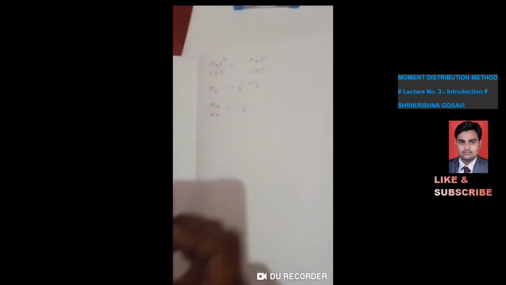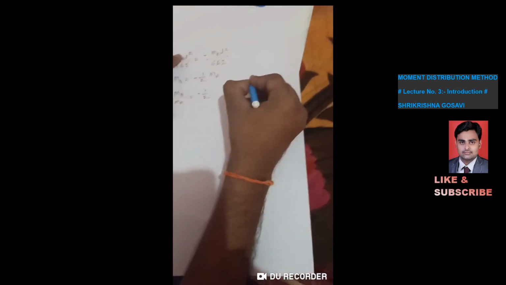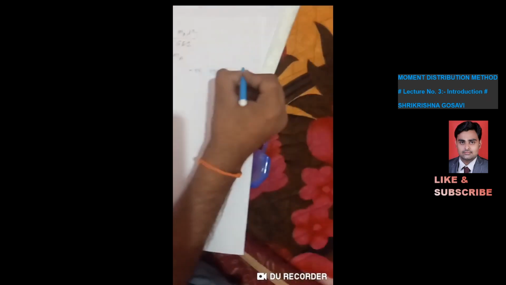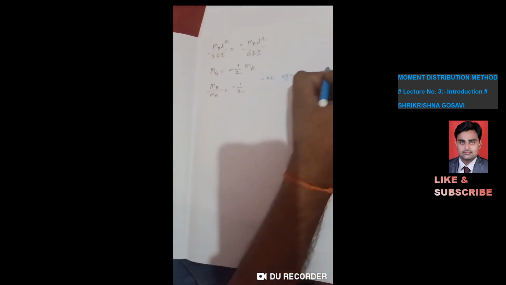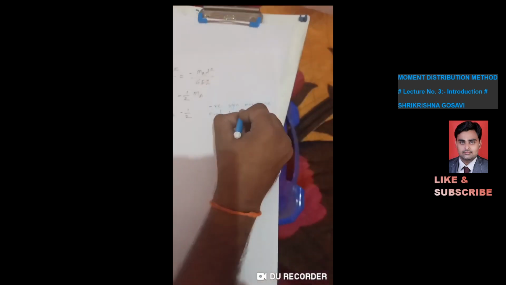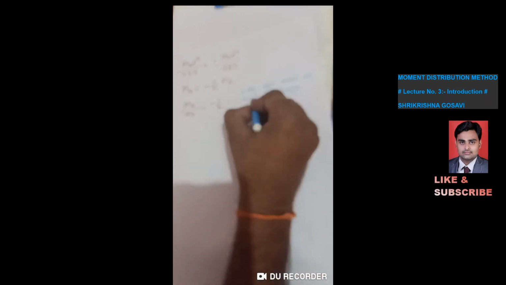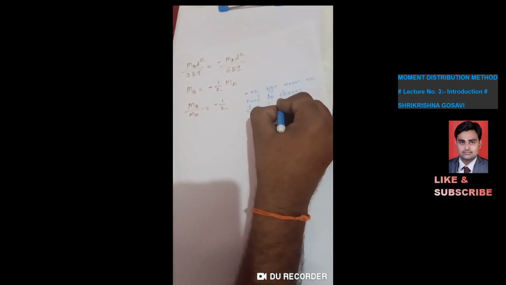So here the negative sign means we need to change the direction of MB.